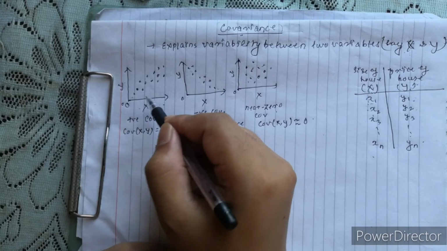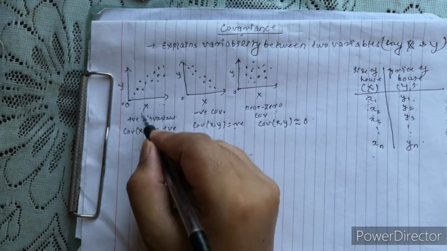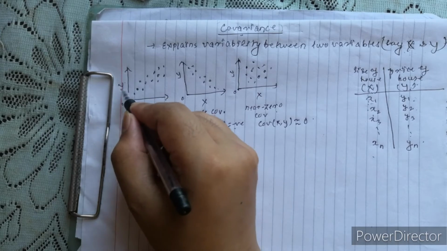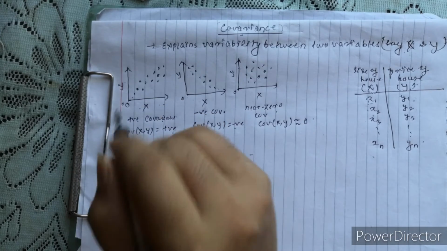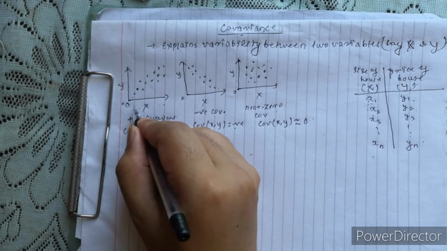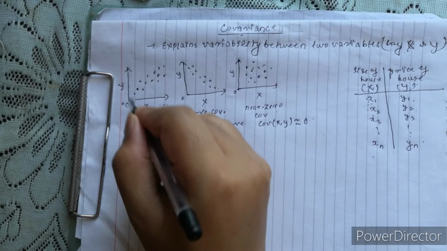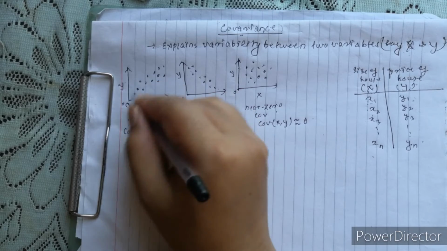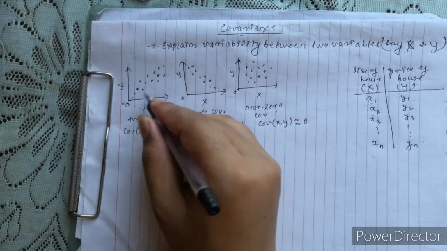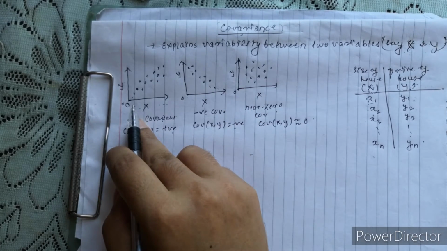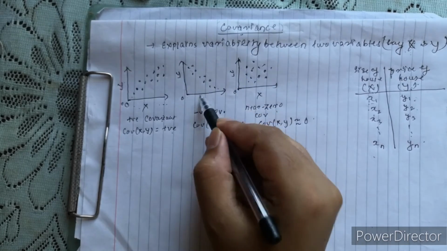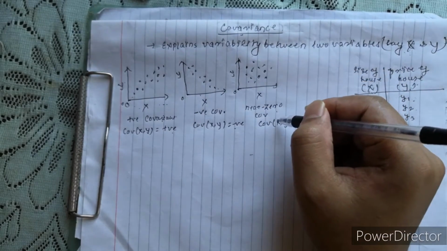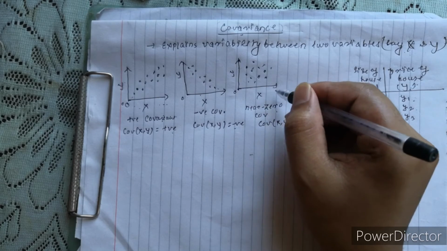Let us suppose x is the size of the house and y is the price of the house. As the size of the house increases, the price of the house will also increase, right? So this is the example of positive covariance, this is the example of negative covariance, and this is the example of near zero covariance.